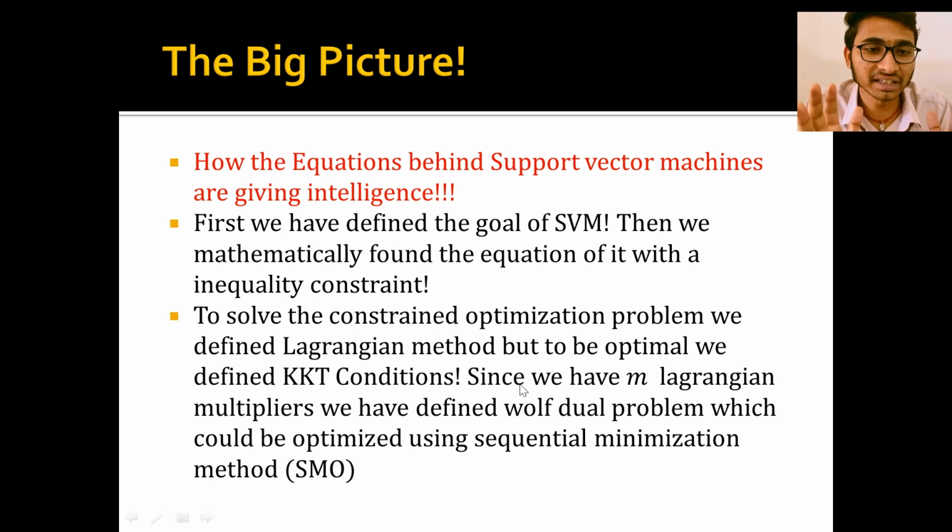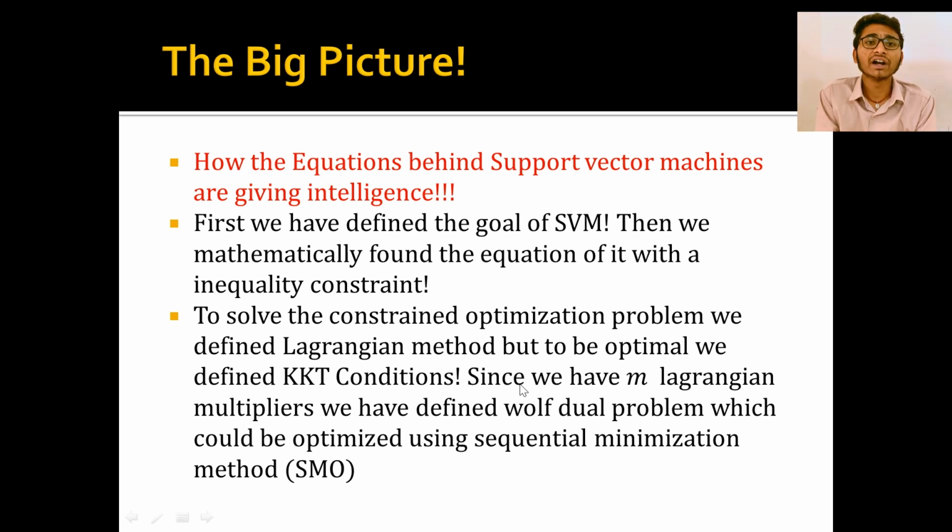Now, what is the big picture? This is very important, see me clearly. First, the support vector machine defines its goal. What is its goal? It wants a robust hyperplane. How? By maximizing the margin. To maximize the margin, it found the general hyperplane margin. Then for maximizing, we ended up with a constraint: positive points should lie on the right side of the plane, negative on the other.